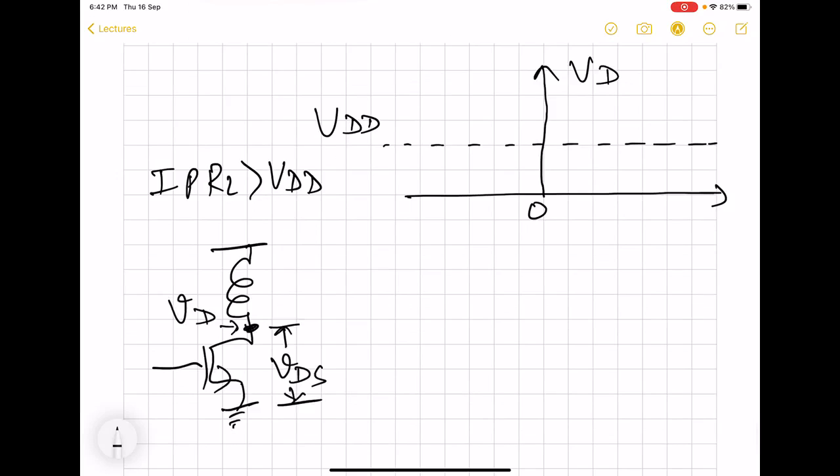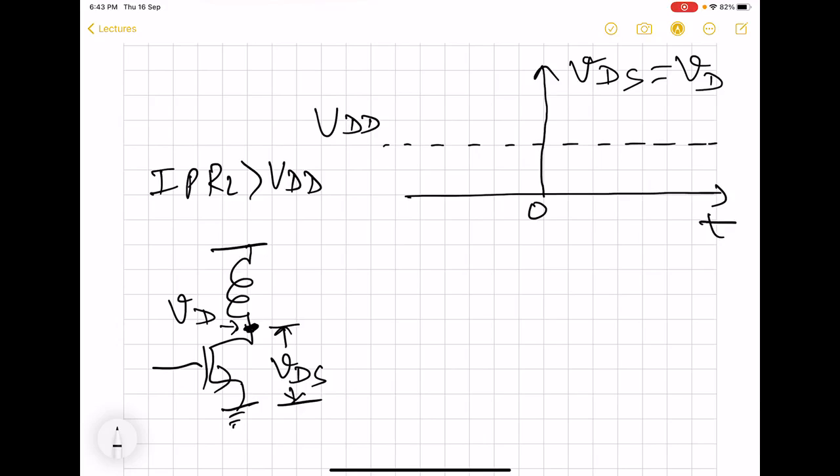Since the source is grounded, that's why we did not include the S word. So this is in a way the DS voltage. So here we see that the minimum value possible for this drain voltage is 0.